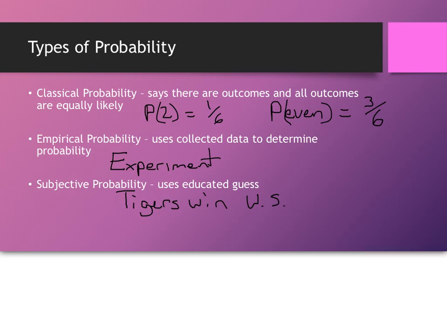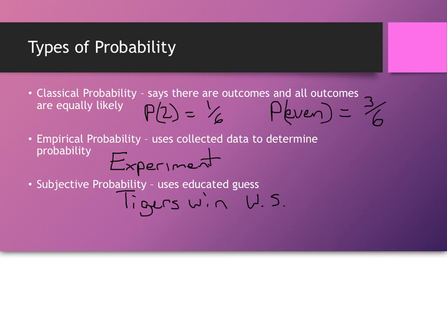That's an educated guess. Now, I want to say something about this. Just because it's an educated guess does not mean that it's a bad one. All right? Now, if I had to predict the probability that the Tigers win the World Series this year, I would probably do a pretty bad job of it. However, there may be some sports analysts who could give a much better educated guess. So just because it's an educated guess doesn't mean it's good or bad, or it's close or far away. But it does mean that it's somebody's guess.